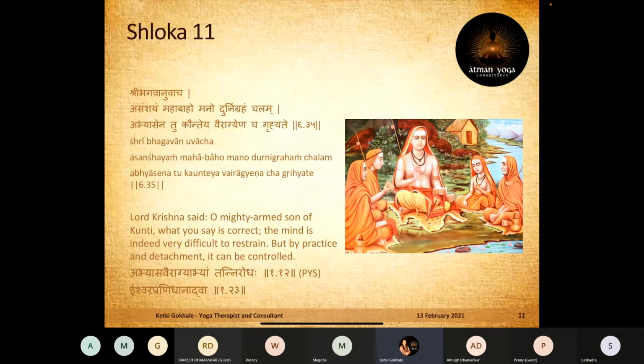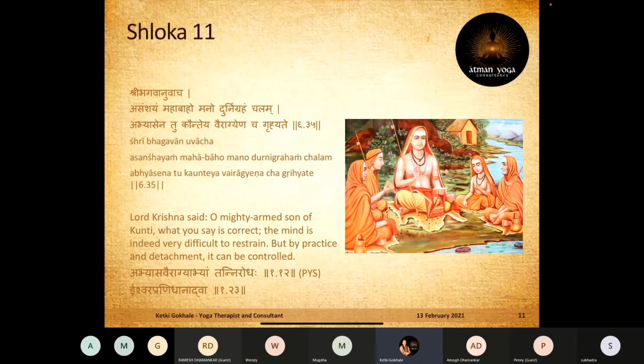We observe that the mind runs towards the objects of its attachment, towards the direction it has been habituated to running in the past. The elimination of attachment eradicates the unnecessary wanderings of the mind. And abhyasa means practice or persistent effort to change an old habit and develop a new one.